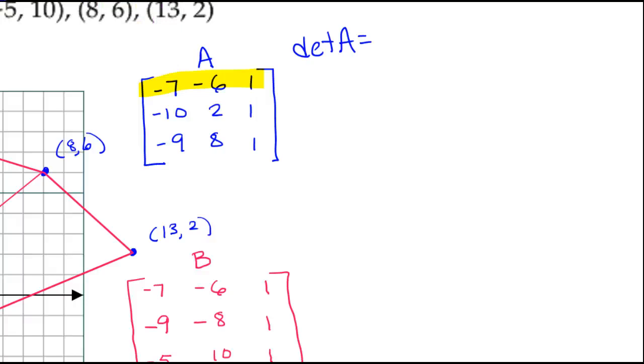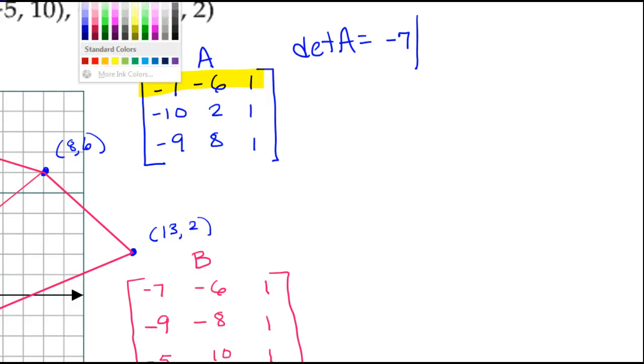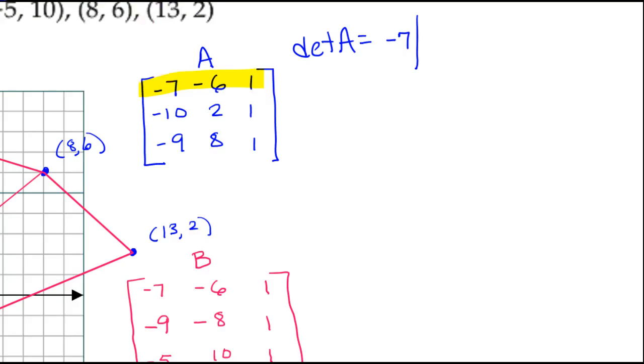So I'm going to put -7, and then I'm going to form the minor matrix by canceling out not only the row that contains the -7, but also the column that contains the -7. All right, that leaves the minor determinant 2, 1, 8, 1.